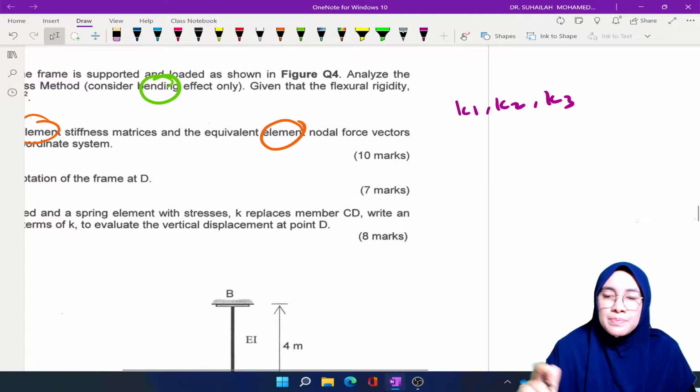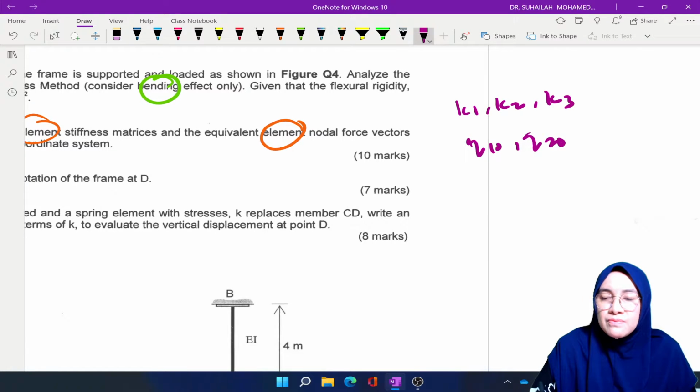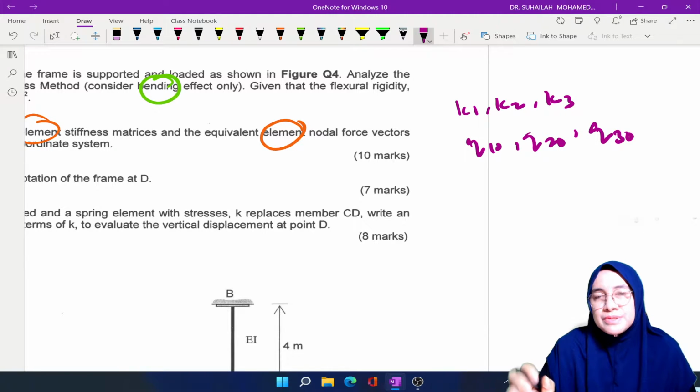Means that we have to establish as well Q1 node for element number 1, Q2 node for element number 2, and Q3 node for element number 3.